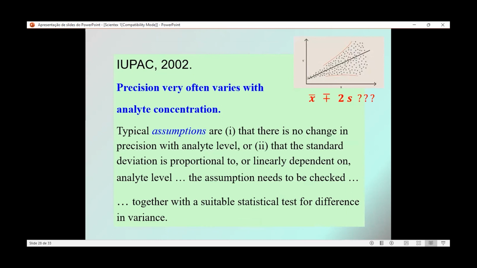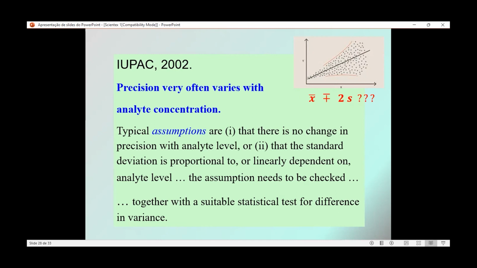IUPAC says that precision very often varies with the analyte concentration. Typical assumptions are that there is no change in the precision with analyte level, or the standard deviation is proportional to, or linearly dependent on, analyte level. The assumption needs to be checked.